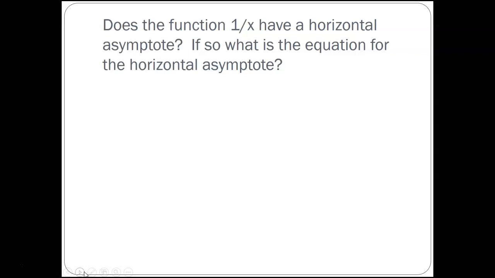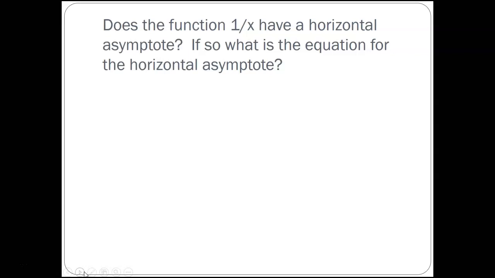That ultimately leads us into looking at horizontal asymptotes. Because just like the squeeze theorem squeezes to 0 at that one point, we have horizontal asymptotes, which are constantly approaching or getting near a 0.